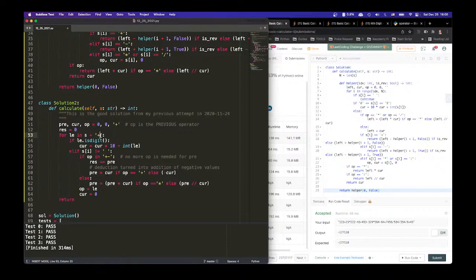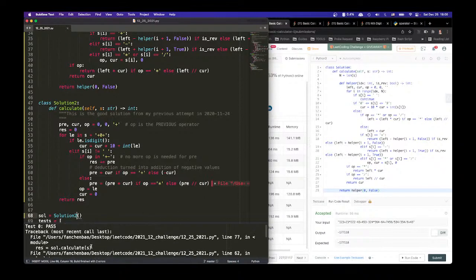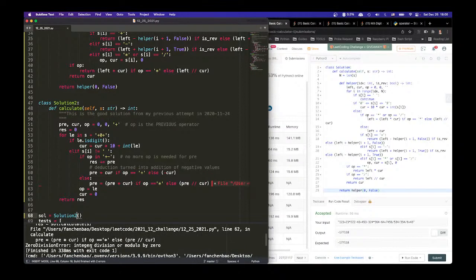What if we say plus 0? If we say plus 0, and then we have a plus sign, operator, current 0, coming back up, and this one, I do this, and we'll come back up again. I feel like we should do this. Then we can just return the res. Nope. That's not right.